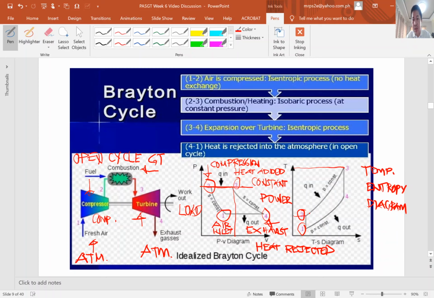And 3 to 4, the temperature is going down, decreasing from here to there. And 4 to 1, the temperature is decreasing. So that is the temperature entropy diagram in the application of the gas turbine.